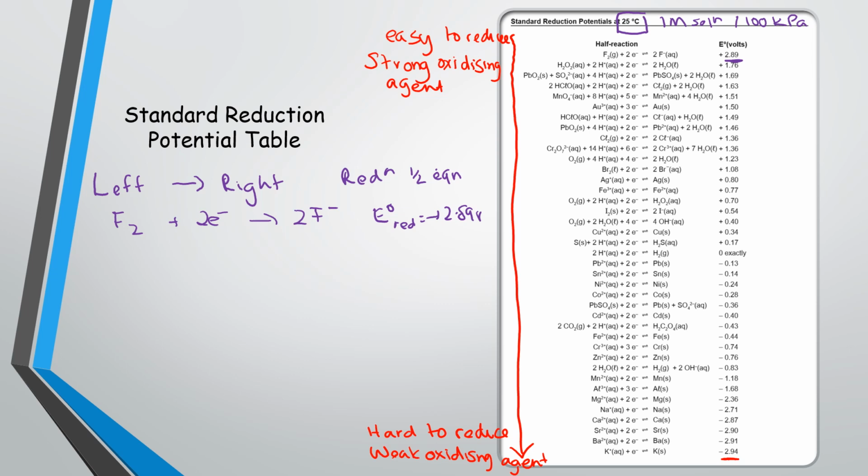Now, when we go the other way, so when we're reading this table from right to left, we're reading in the opposite direction. What you see happens when you read from right to left is that you are now looking at oxidation half equations.